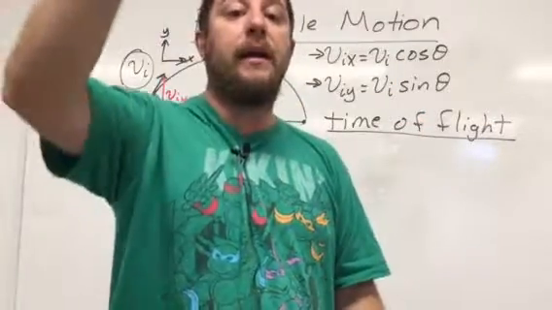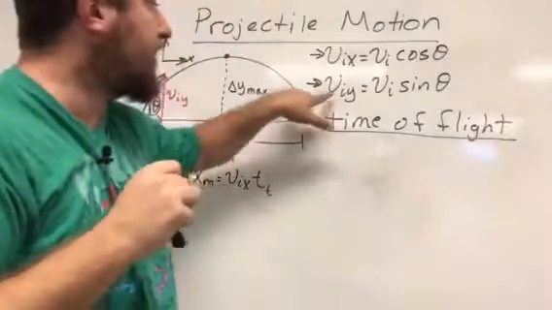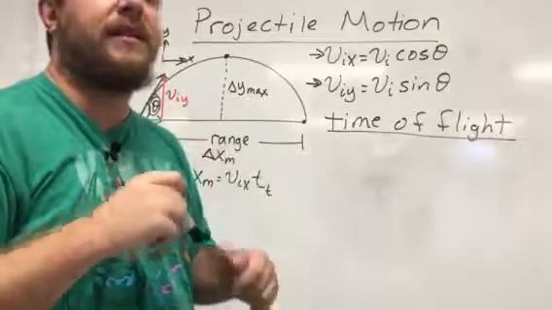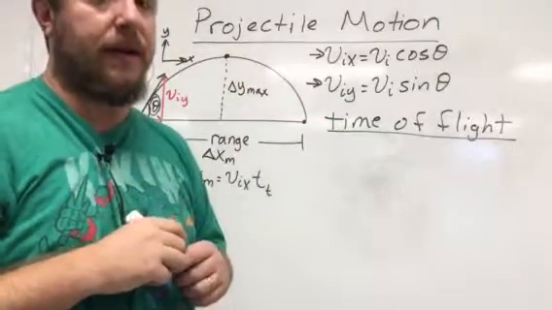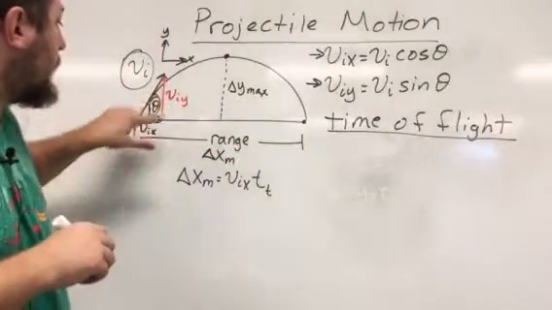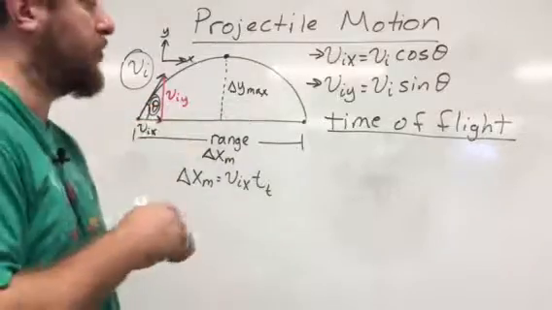At the peak, the velocity in the y direction is 0, but the velocity in the x direction is constant. But we can still use this because we can break these up into our components. All we have to do is look at each component individually.